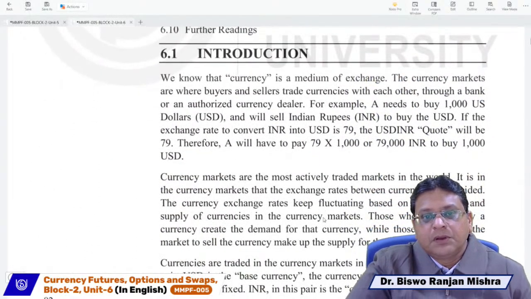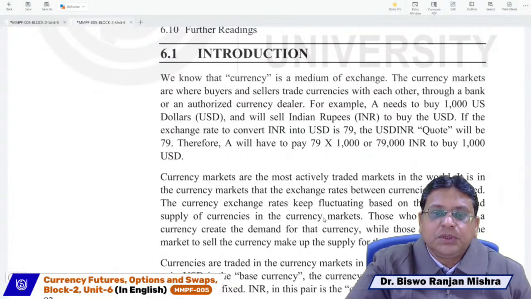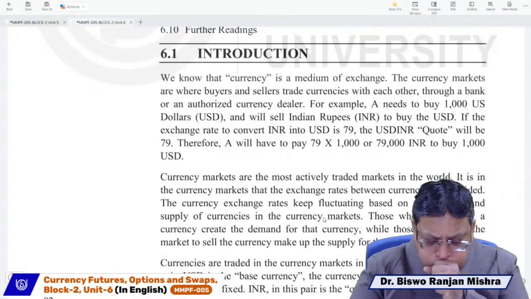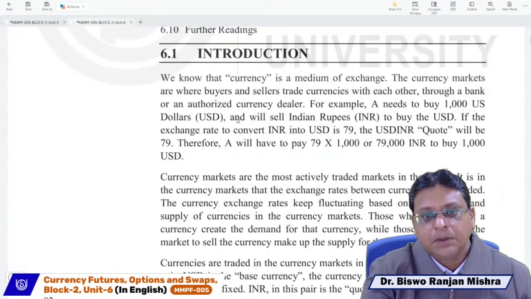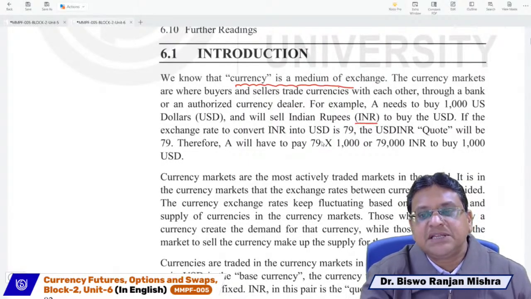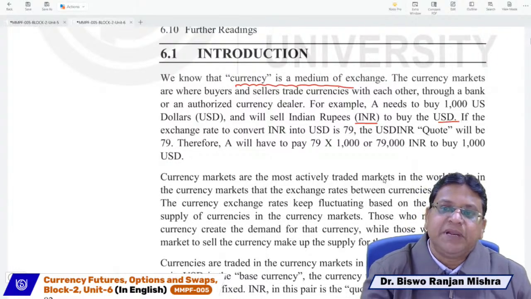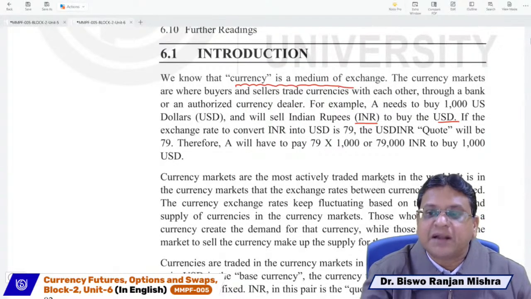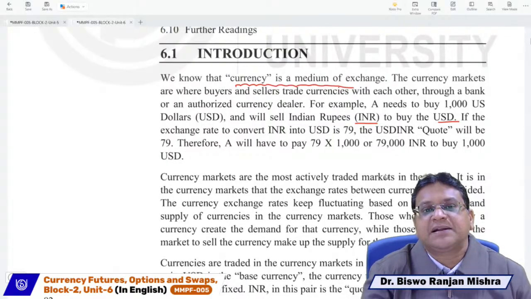Now, what is a currency? We know that currency is a medium of exchange. In India, Indian currency is known as INR. In USA, their currency is known as USD. Currency market is a market where different types of currencies are traded.